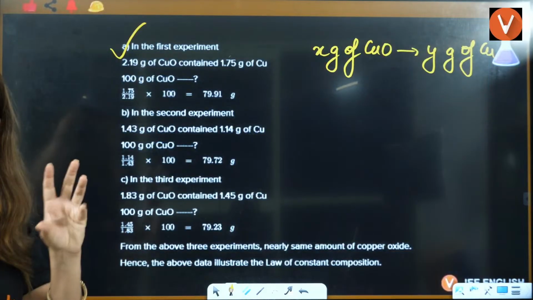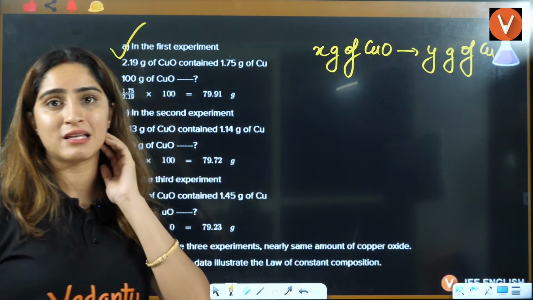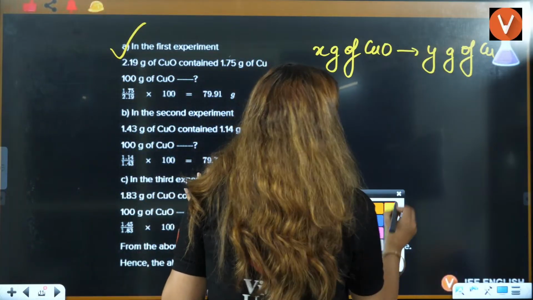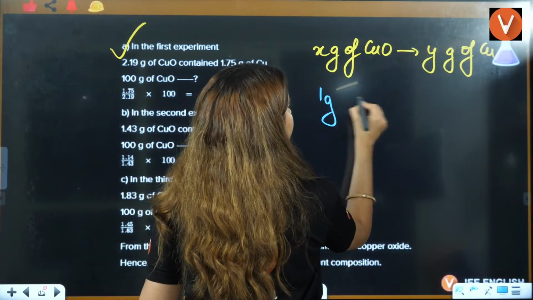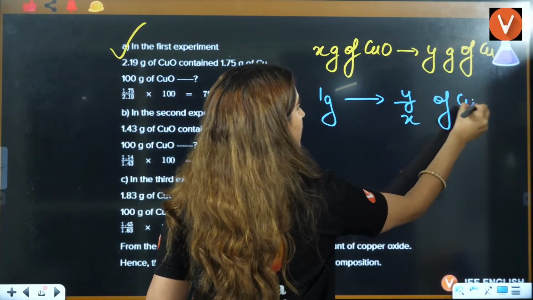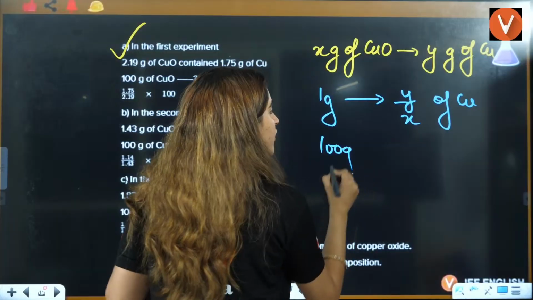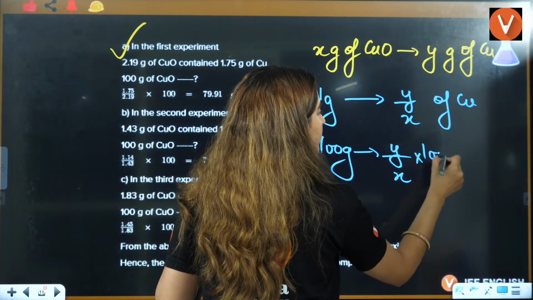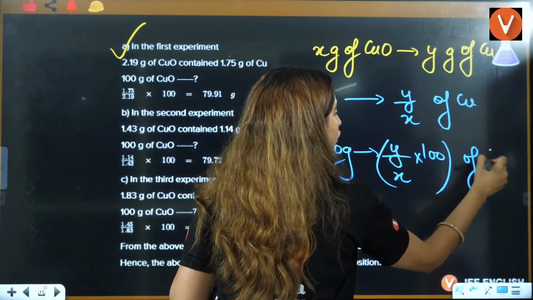I need to fix one thing, so I am fixing the copper oxide. So 1 gram of copper oxide will give you y by x of copper, and 100 gram will give you y by x multiplied by 100. This much amount of copper.